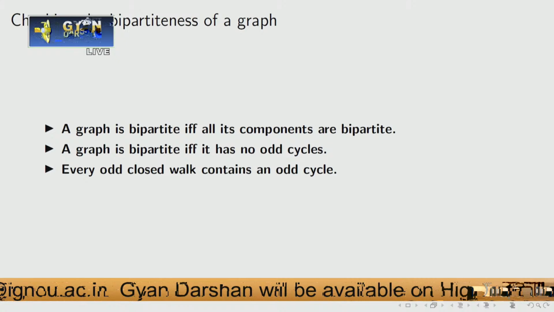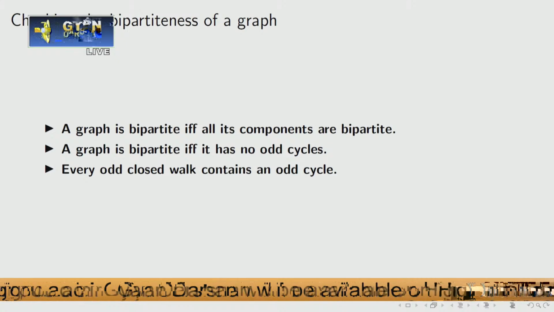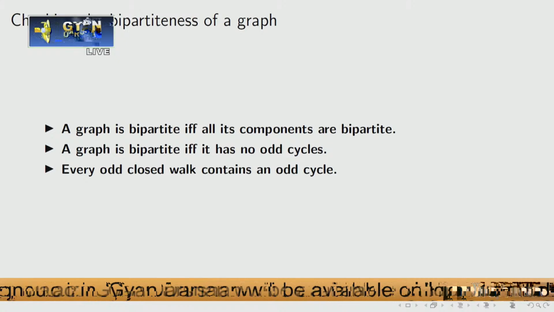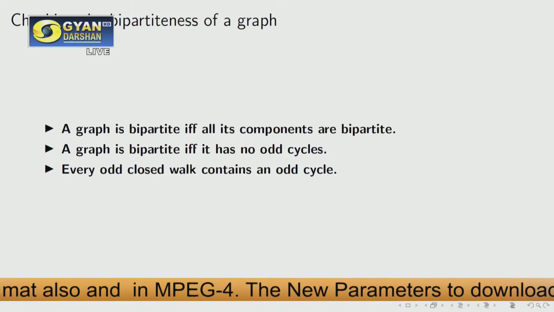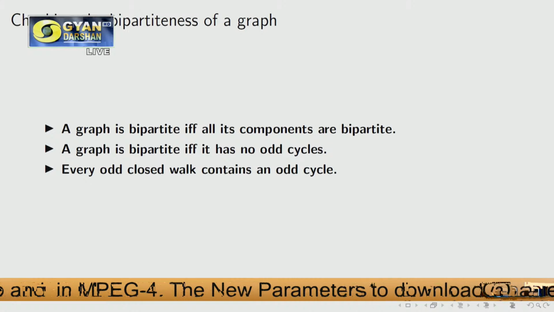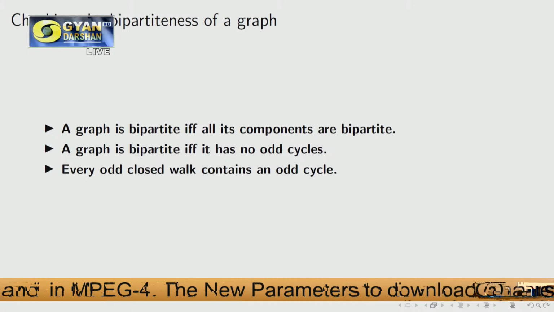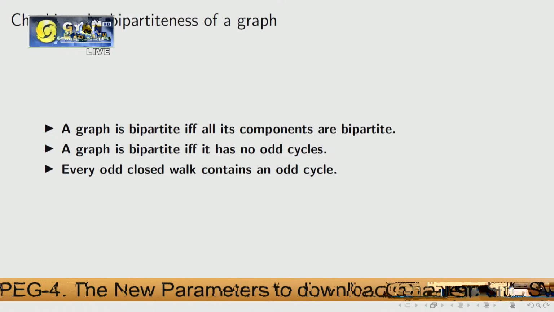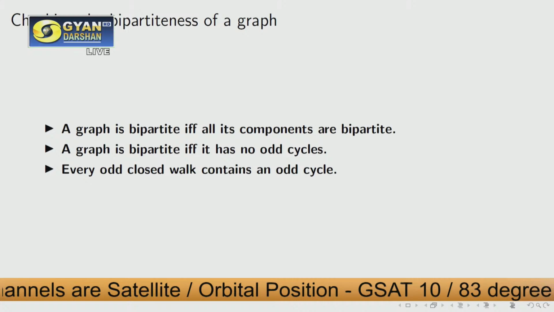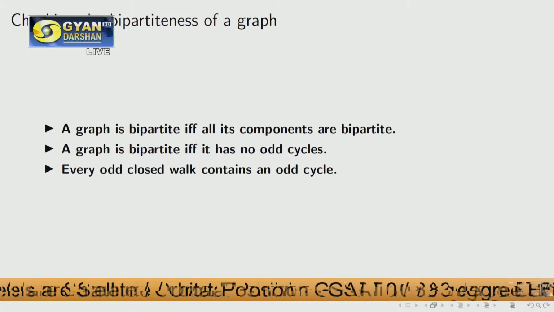So if you are given an odd closed walk, then you can certainly say that there is an odd cycle in that walk. So what we essentially need to find in a graph is whether it contains an odd closed walk or not, to prove that it is not bipartite.